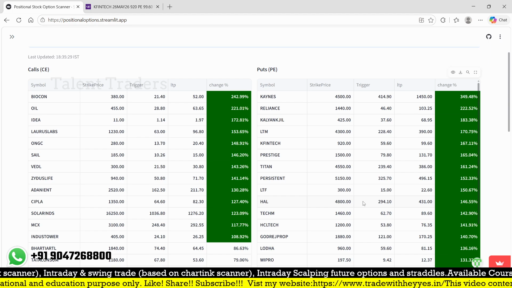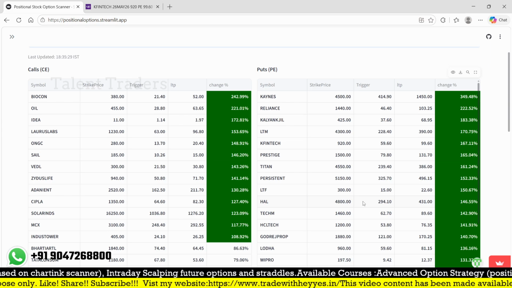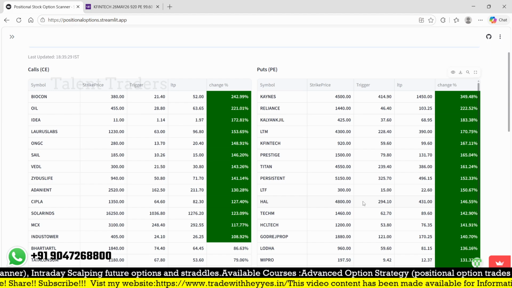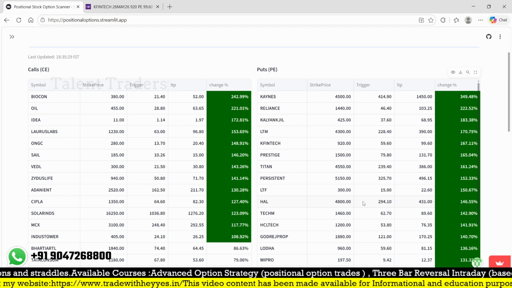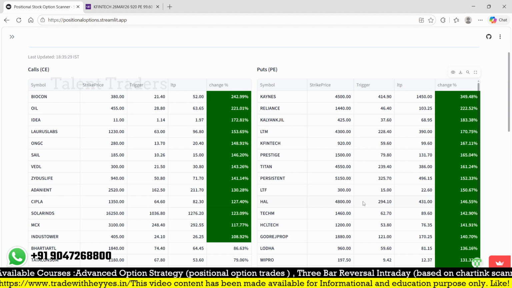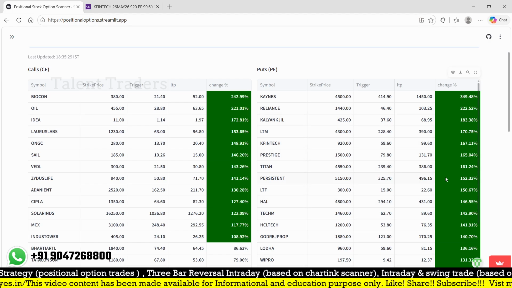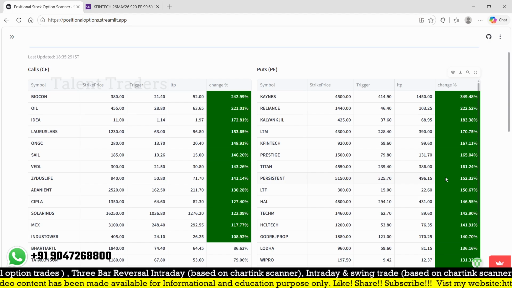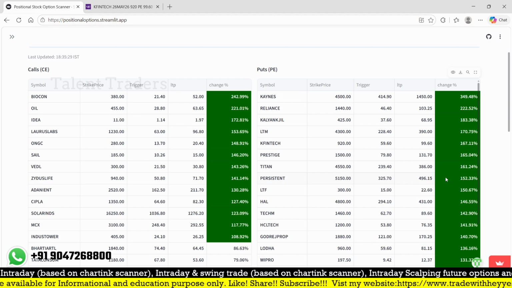So this is our weekly positional scanner, directly related to the strategy. Without strategy you can't use it, but someone using the tool can apply their own strategies on the top listed stocks. Like someone who uses super trend, someone uses awesome oscillator, someone uses different strategies with that.